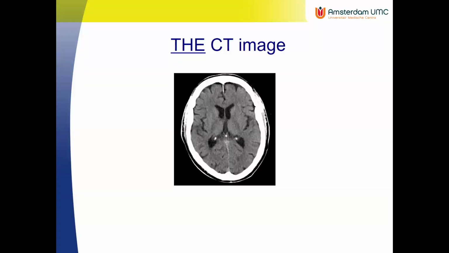We start off with the CT image, and I take it as an example because, compared to MRI, CT is relatively easy to interpret, since the contrast is always the same. A brain on a CT image mostly looks like this.